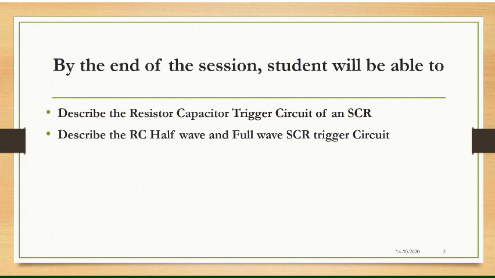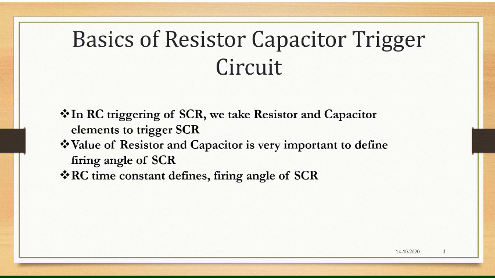Okay, so when you see that there is an RC component, that is an RC network in this triggering circuit, it means the time constant tau is used to control the firing angle.